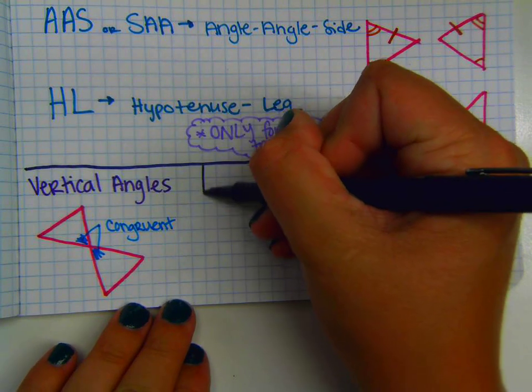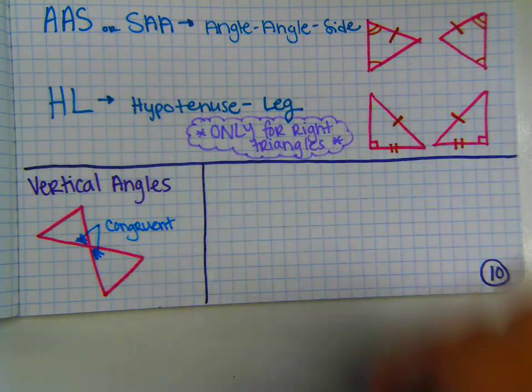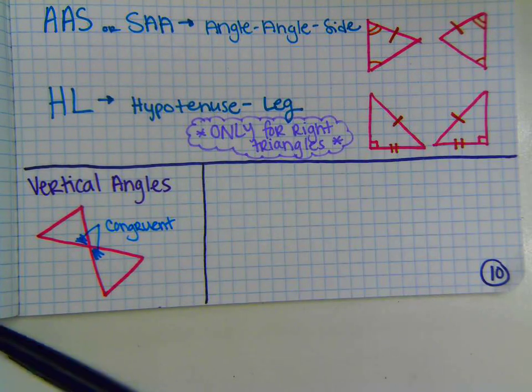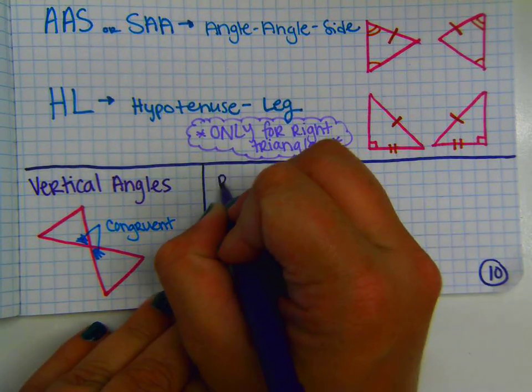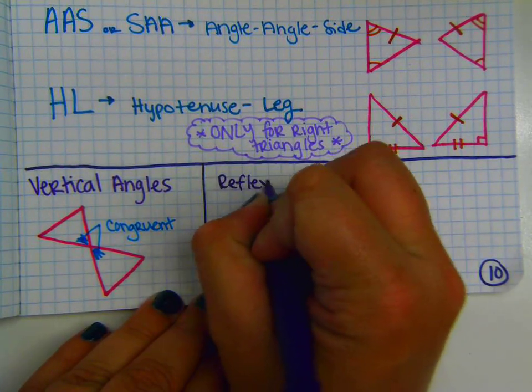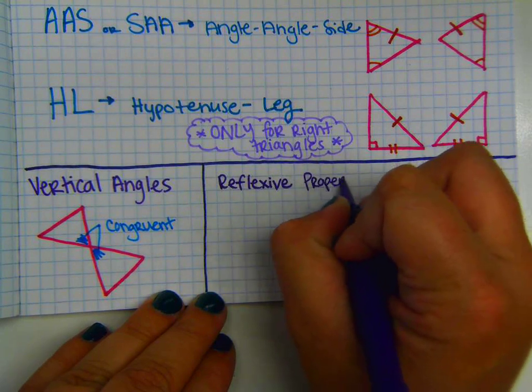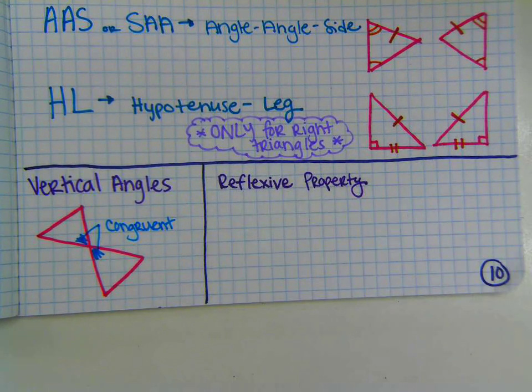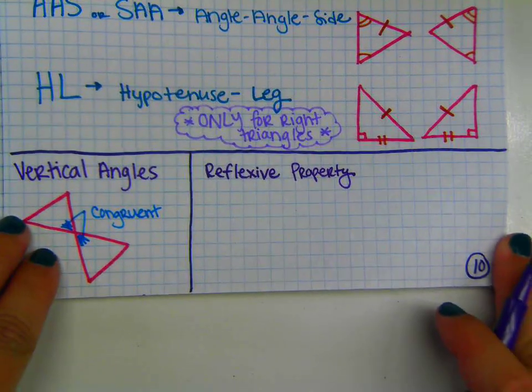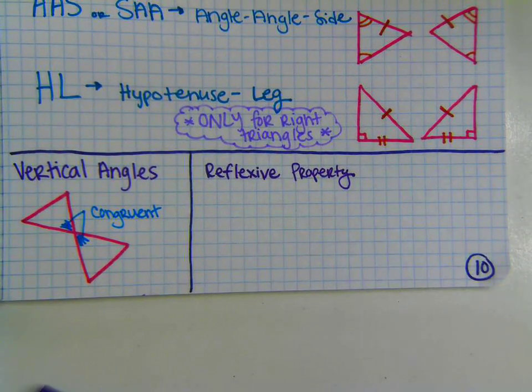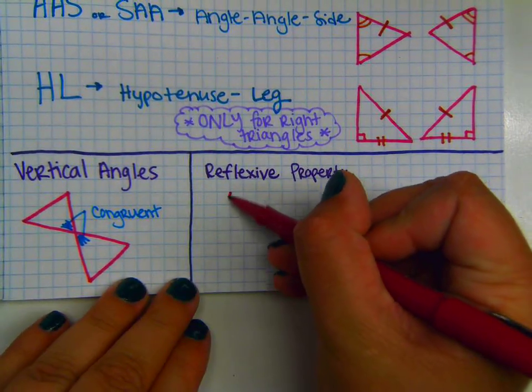The second thing that you need to note is reflexive property. And we will use this a lot when we're trying to prove congruence. So reflexive property is when you have something that looks like this.